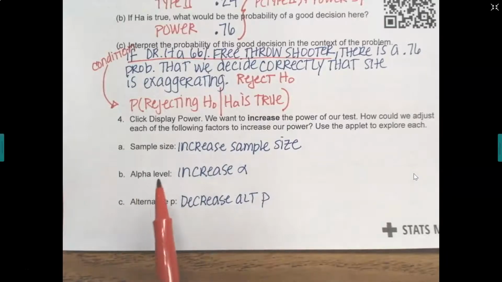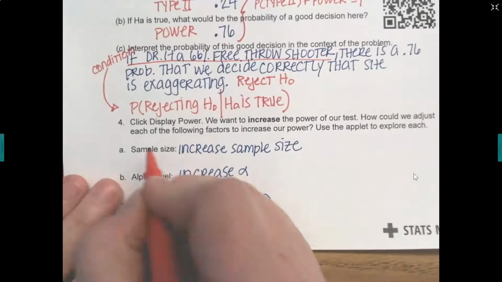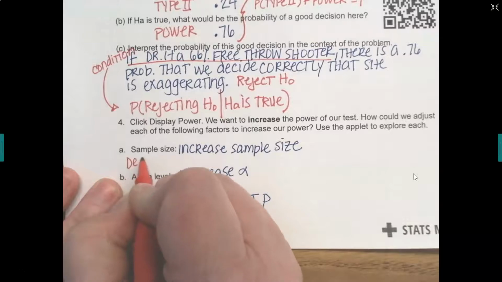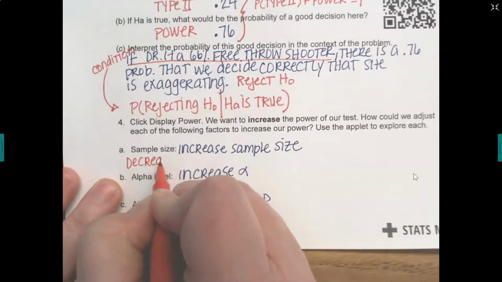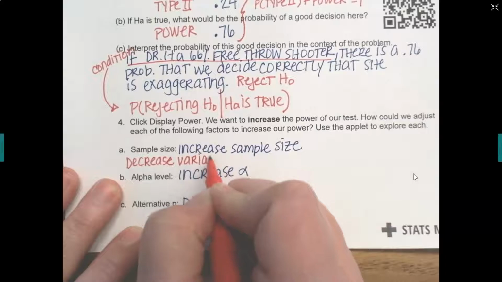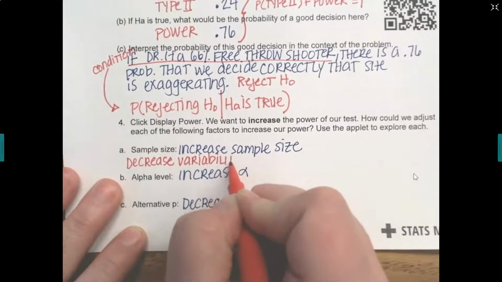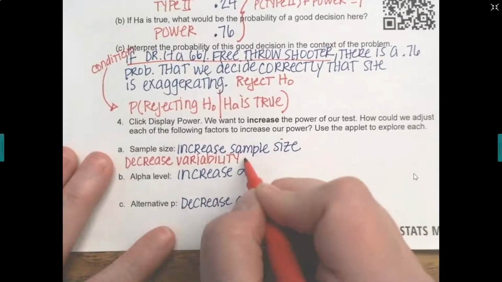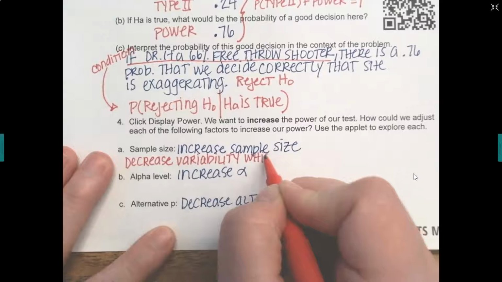Okay, so let's talk about a few things here. If we increase our sample size, we decrease variability. We've been talking about that almost all year. Which decreases overlap.